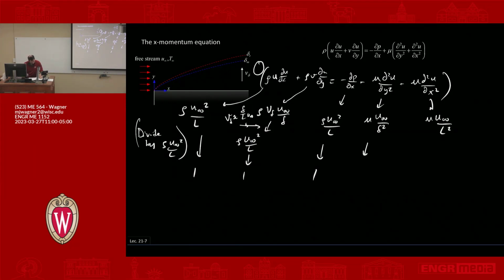So this is mu u infinity over delta squared times L over rho u infinity squared. That becomes L squared over delta squared, mu over rho u infinity L. And that becomes what? This over here is the Reynolds number. So we have L squared over delta squared times 1 over the Reynolds number.